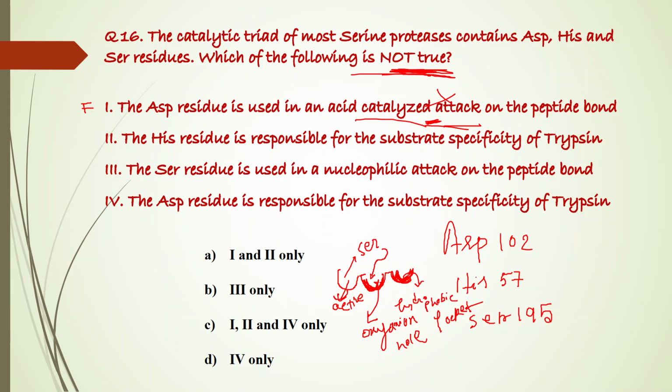So overall these three centers all together are responsible for substrate specificity. If any of these three points is missing, then the substrate won't work properly for the enzyme. So for substrate specificity, all these three points need to be considered. So where it is stated that the histidine residue is the only one responsible for substrate specificity is absolutely wrong.